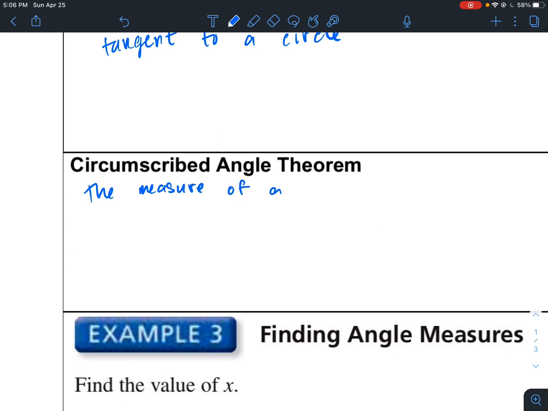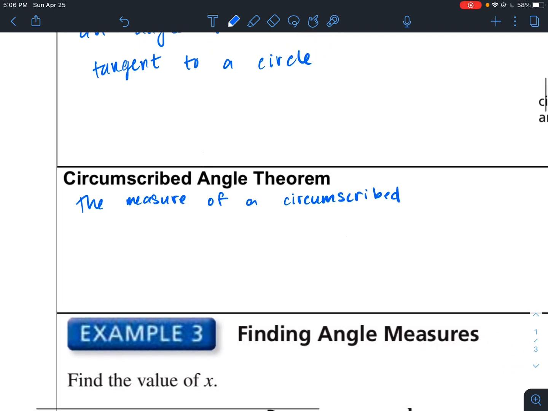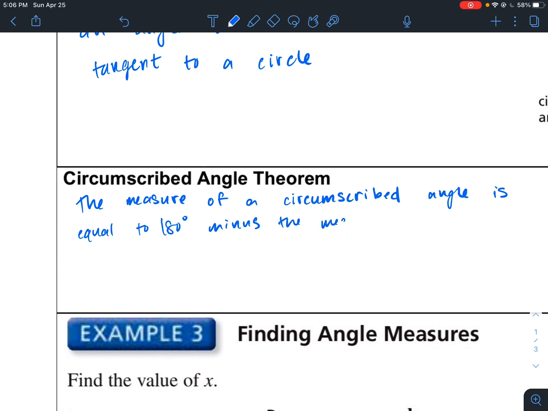Now the theorem states that the measure of a circumscribed angle is equal to 180 degrees minus the measure of the central angle that intercepts the same arc.